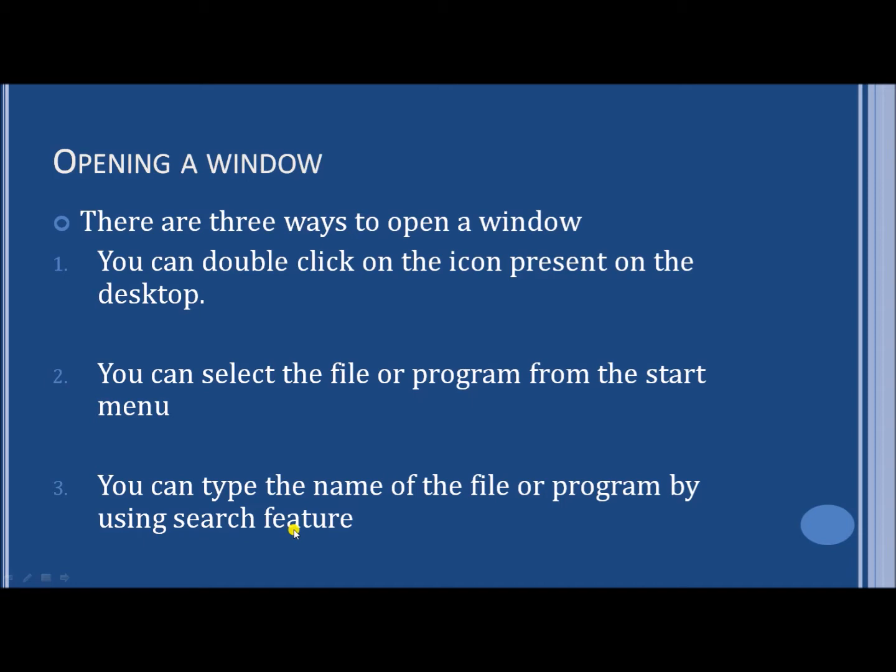At the taskbar, there is a search button in which you can type the name of the file, program or application, and after typing, when you press enter, you will see the window of that file or program open.